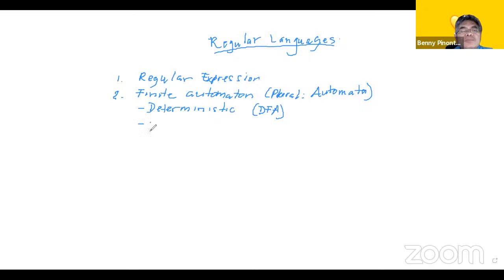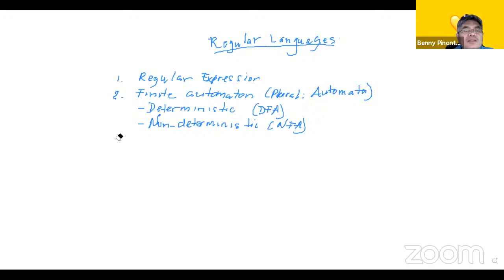And the second one is non-deterministic, that is NFA, non-deterministic finite automaton.